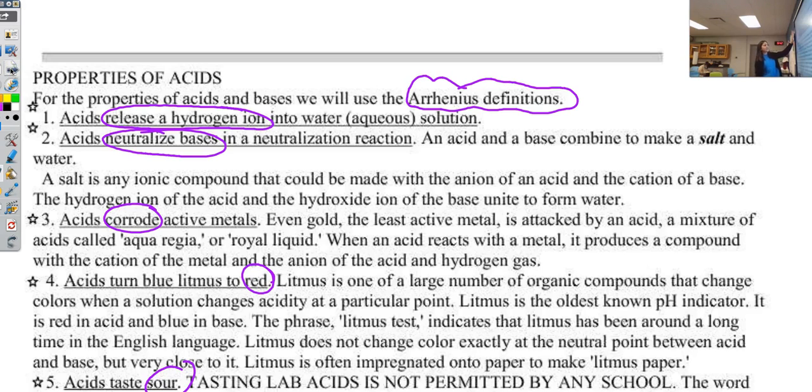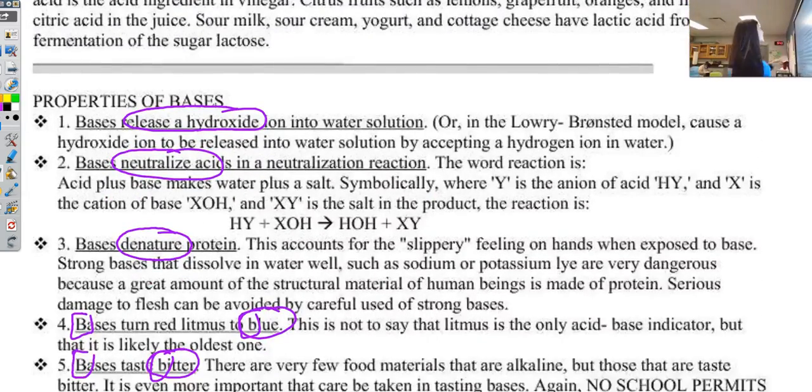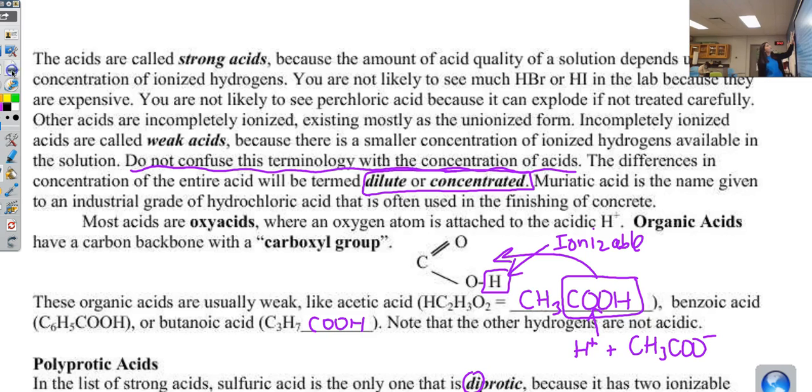Properties of acids and bases, we already talked about. Acids will corrode metals. They taste sour if you were to taste them. Properties of bases, they release hydroxides, they neutralize acids. They do turn red litmus blue, whereas acids turn it pink or red usually.